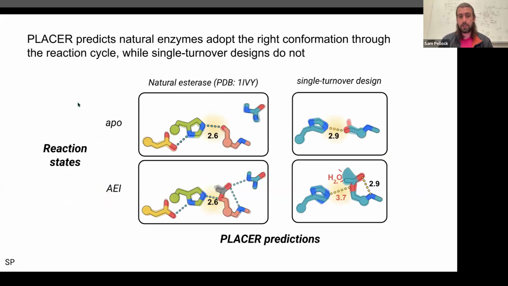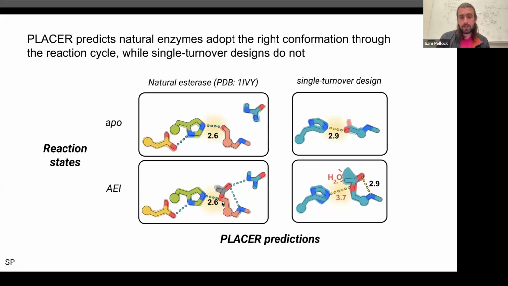So we generated predictions for natural esterases as well as these designed ones. On the top, we're looking at the apo structure predictions. The native looks great. It's got its catalytic triad fully intact. Our single turnover design looks not too bad in the apo state.